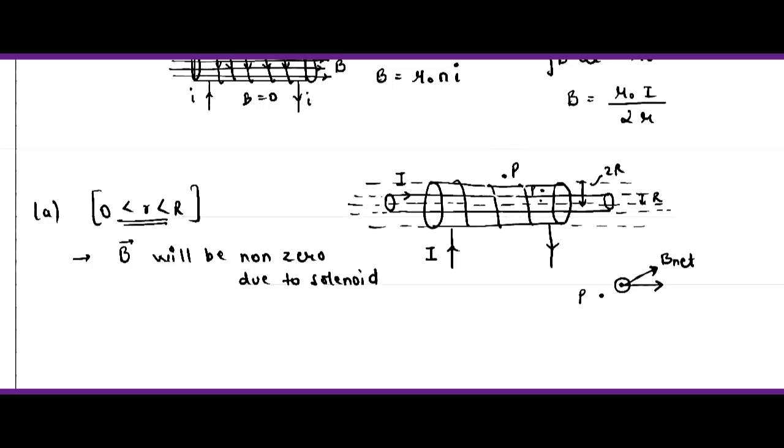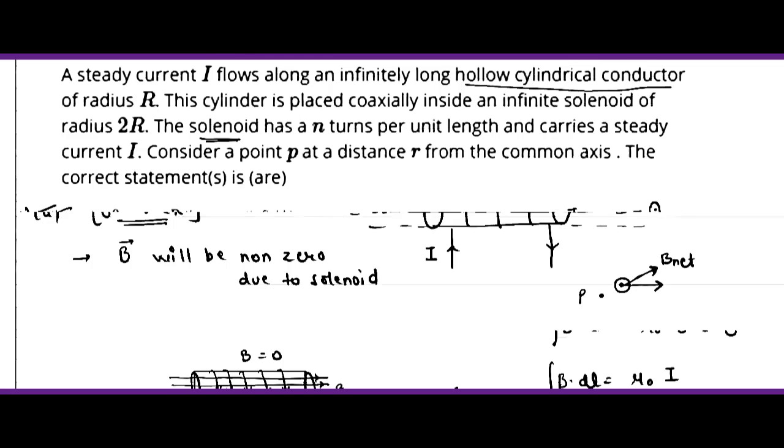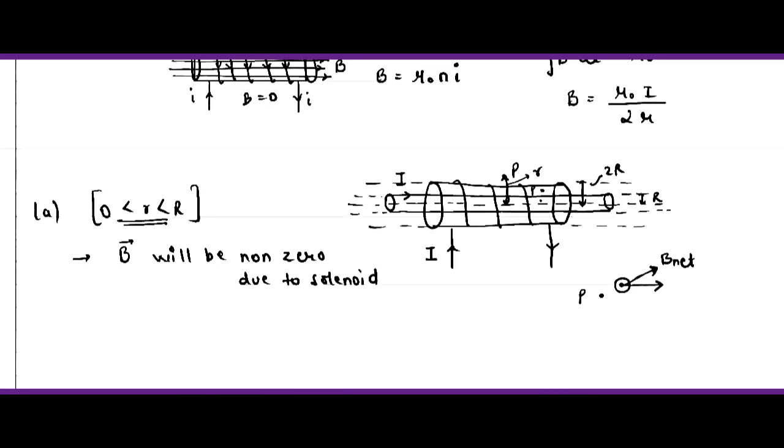Due to the solenoid at this point the magnetic field would be zero, but as I already mentioned, due to the hollow conductor there will be some magnetic field present at point P. So for statement D, for a region greater than 2R, the magnetic field will be non-zero due to the hollow cylindrical conductor.